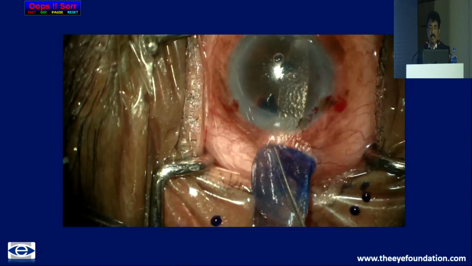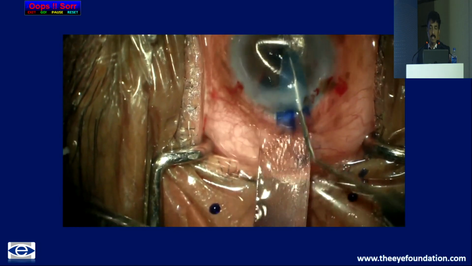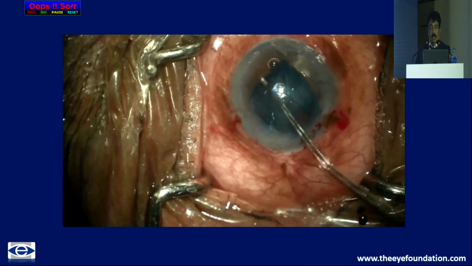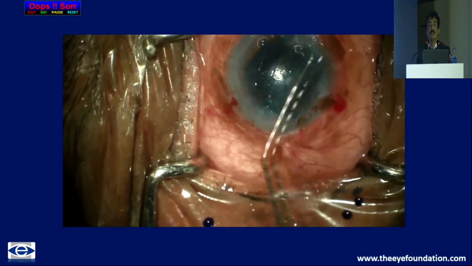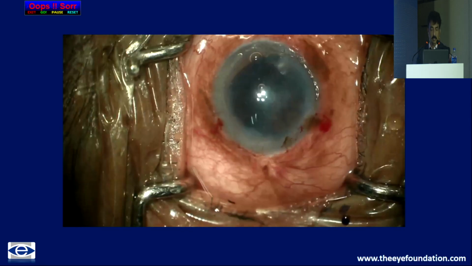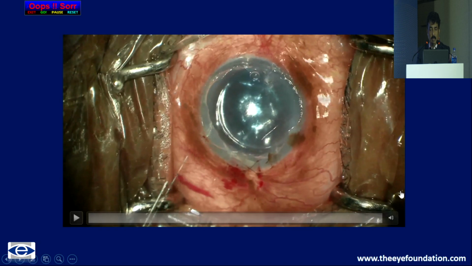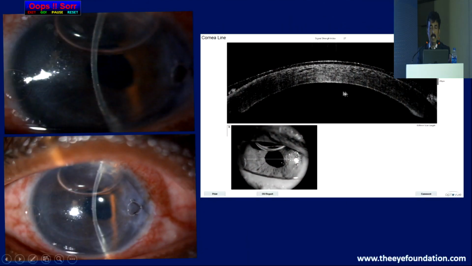I usually stain these thin lenticules so that identifying the tissue in the anterior chamber becomes easy. This is a thin graft, a thin lenticule you can see here on day 1. The results are as good as DMEK or PDEK in these cases.